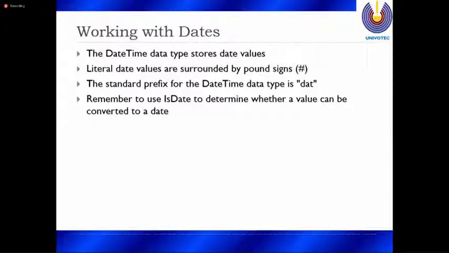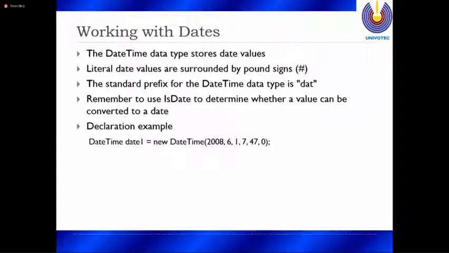Otherwise, you cannot convert that string, because as I already mentioned, anything you enter in a text box is a string type. If you want to convert that string type to a particular data type, here we can check whether it is a date. IsDate is a method. If IsDate is okay, then we can declare the date.